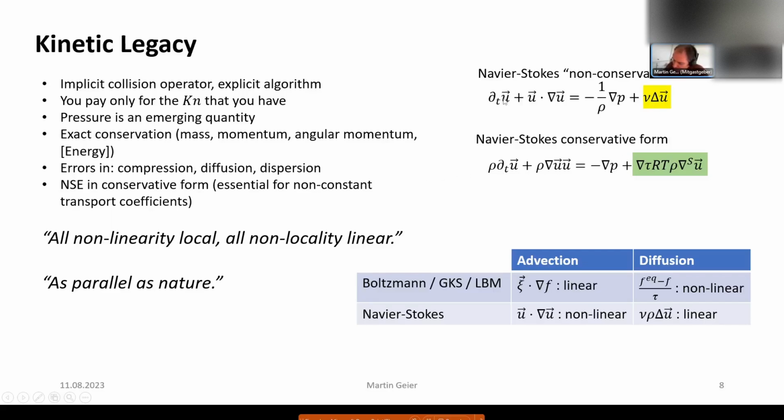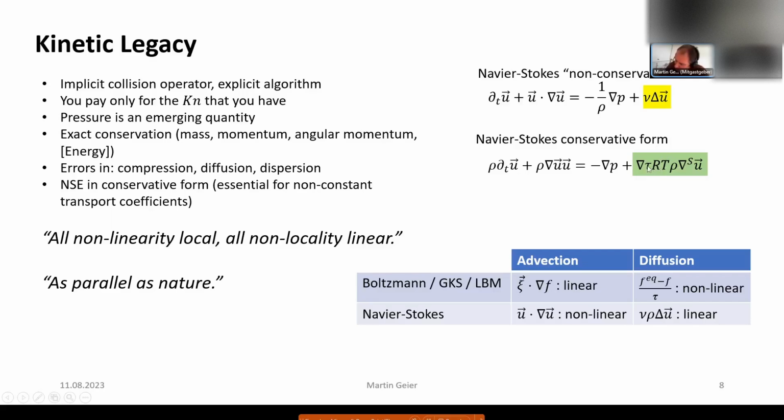This is also related to the Navier-Stokes equation that we derive from this, which comes out in conservative form. And in this conservative form, for example, you also get the physically right order of the differential operators.